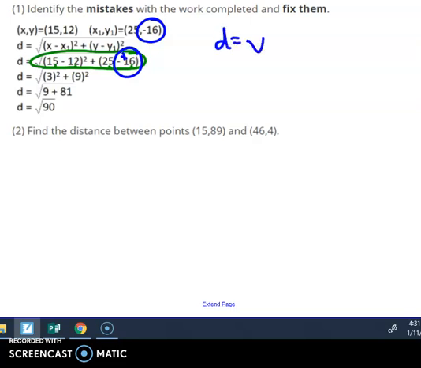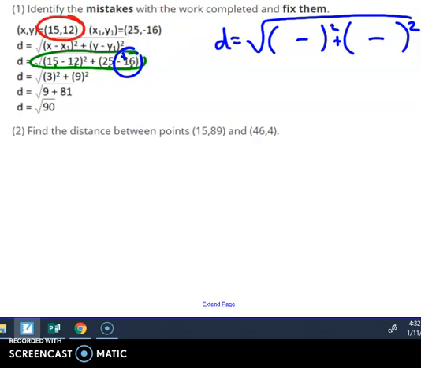So the distance formula, I'm looking for the difference between the x values and the difference between the y values. I generally just choose one of the ordered pairs and make those my first numbers, so it's 15 and 12.